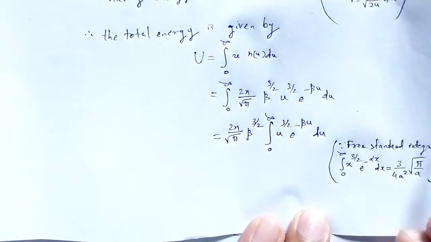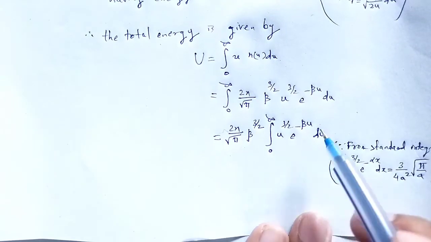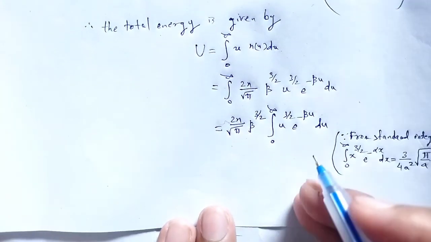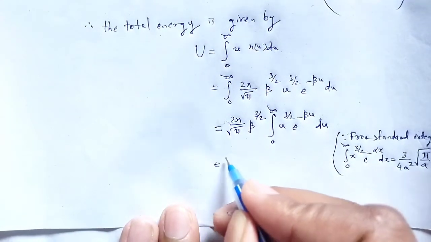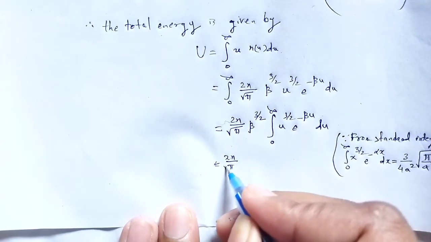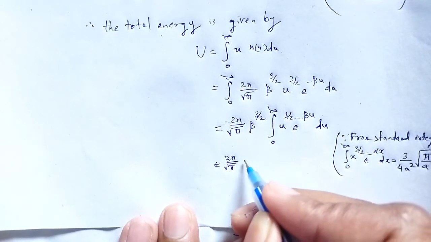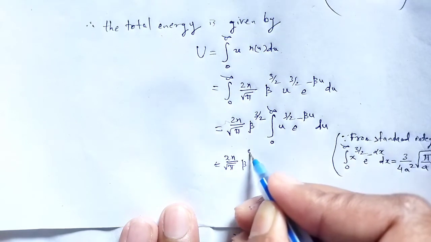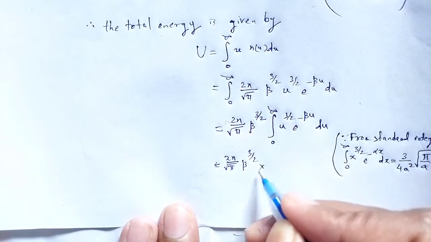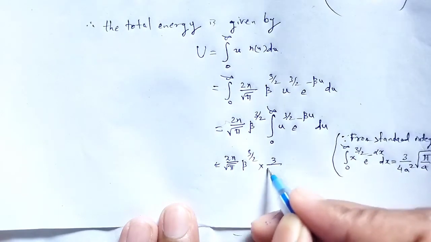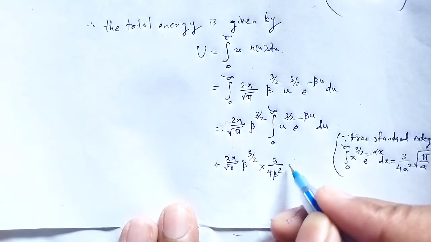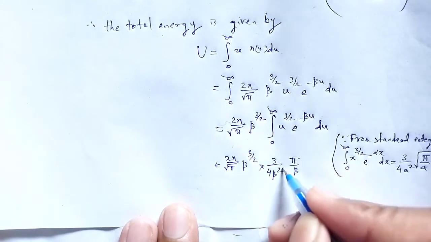That standard integral is used here to solve this integration. So here we have the result 2n by root pi, beta to the power 3 by 2, into 3 divided by 4 beta square, under root of pi by beta.